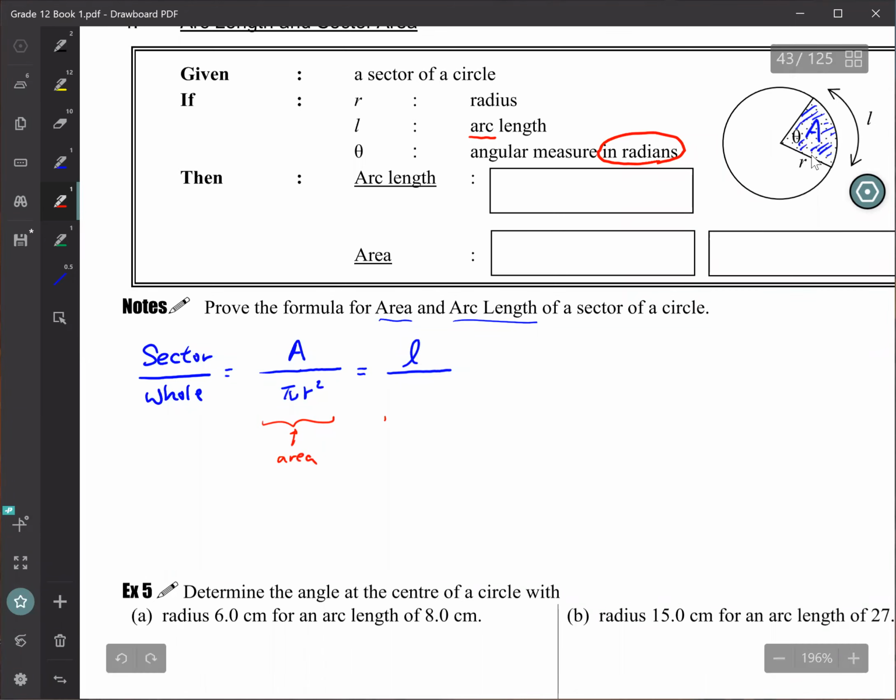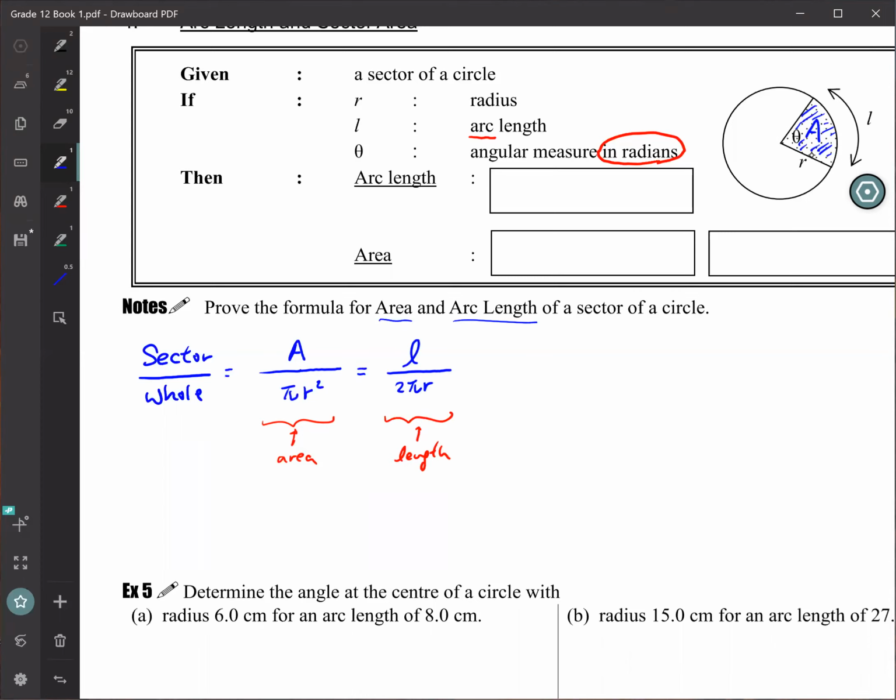Tiana, are you there? Circumference. Yeah, and do you remember the formula for circumference? Is it 2 pi r? Yeah, very good. You can write 2 pi r or pi times diameter. Since we have the radius, we are going to use 2 pi r.